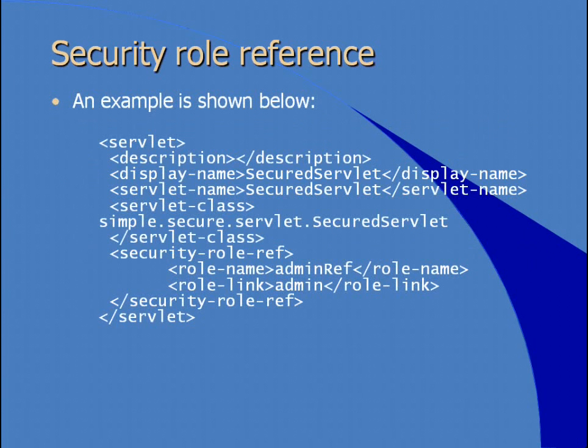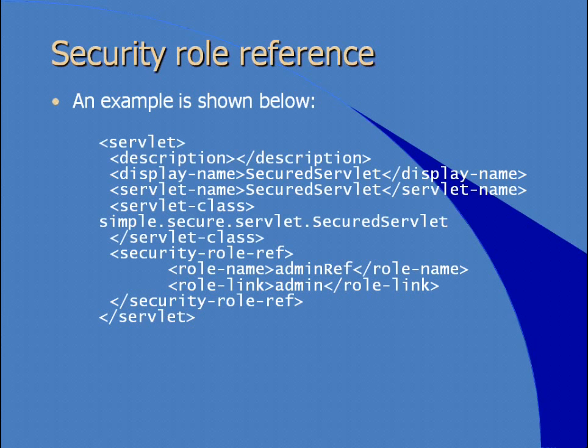We see an example here where in our web deployment descriptor, within our servlet mapping, which is generally what we're looking at in the deployment descriptor, we're looking at various mapping elements, but we've looked at simple servlets all along. In addition to defining the display name and the servlet class, which we've already seen, we're adding an element here, security role ref, and we're using the role name and the role link elements.